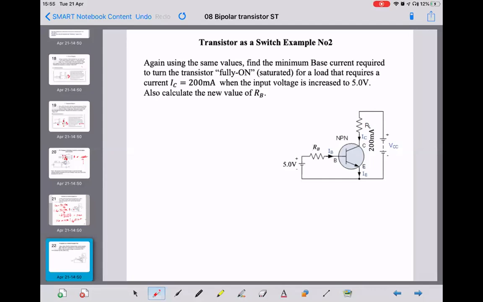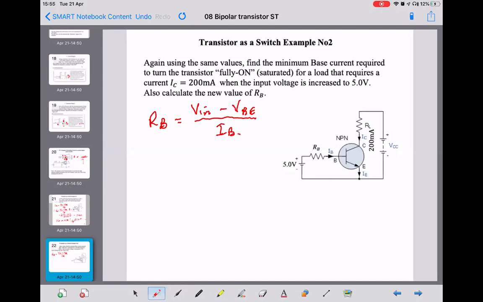Because we know that RB is equal to V in minus V base emitter over IB.